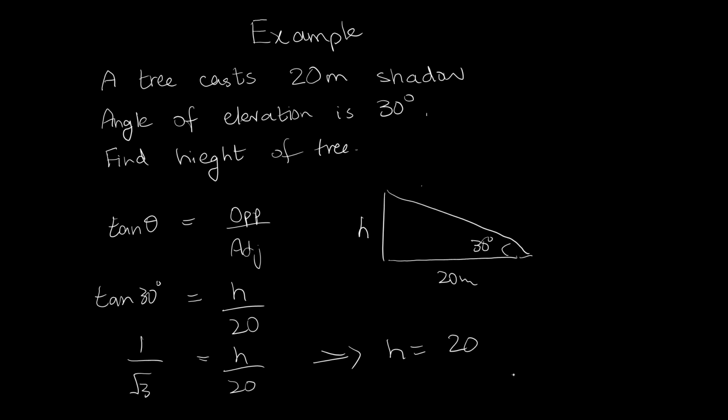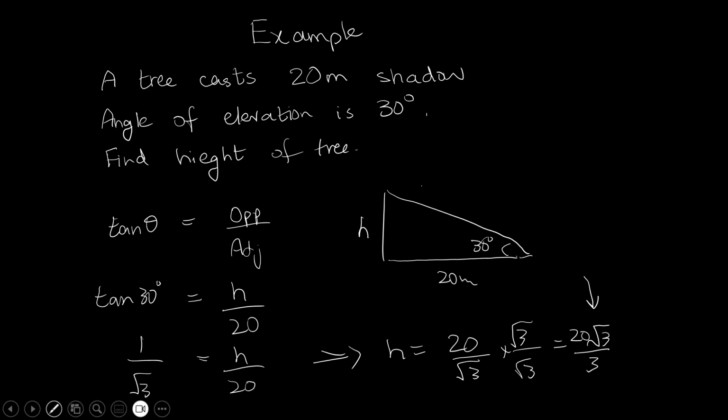So if it's 20 over root 3, and you rationalize it by multiplying root 3 on both, then you will get 20 times root 3 divided by 3. So even if you have that kind of expression in the MCQs, know that root 3 over 3 is equal to 1 over root 3. I chose the right one.